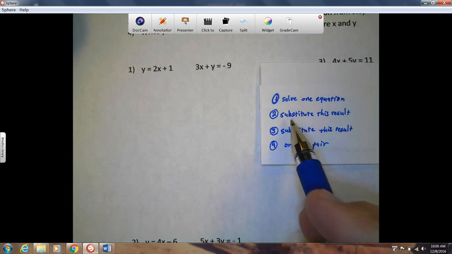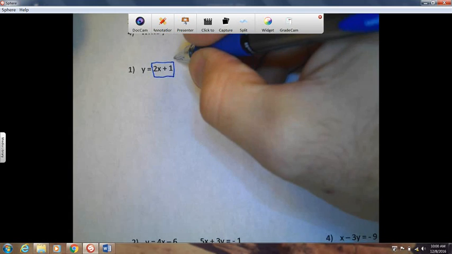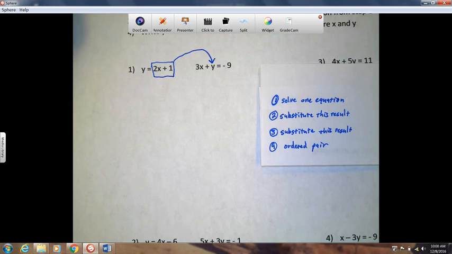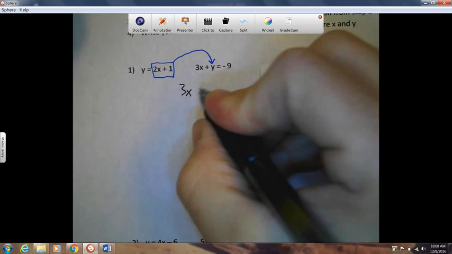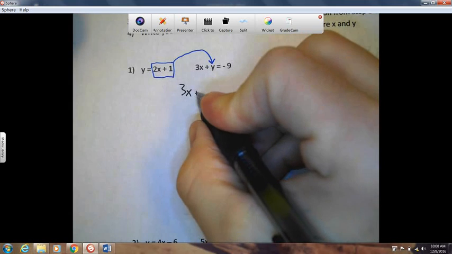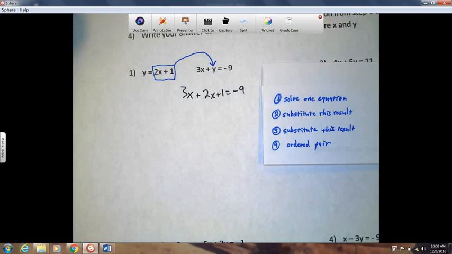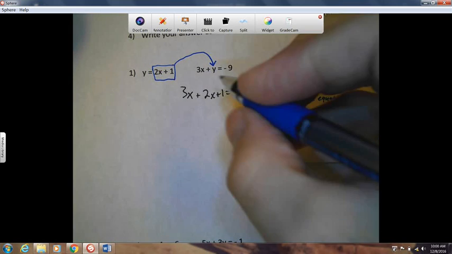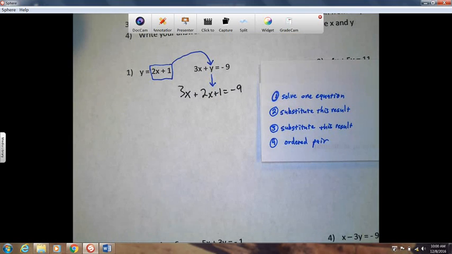Okay, so I'm going to take what y equals, substitute it in the other equation for y. So everything gets written the exact same way. Only instead of y, you put 2x plus 1. So there's the substitution right there.